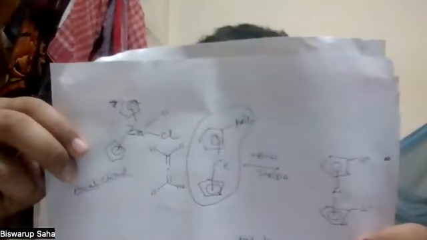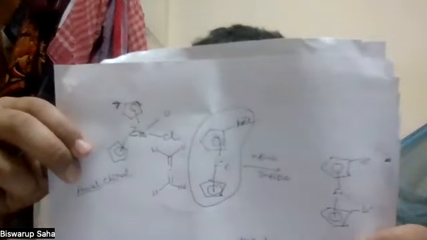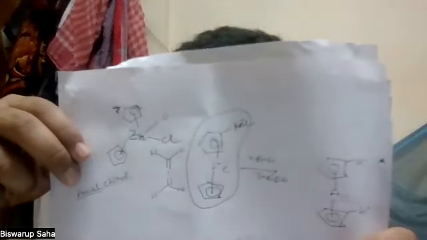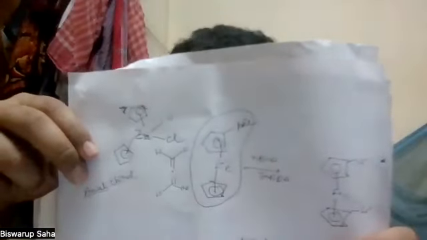So this is one type of chirality that I can compare with allene. If we compare both structures in this way, the backbone is made up of cyclopentadienyl, iron and cyclopentadienyl.